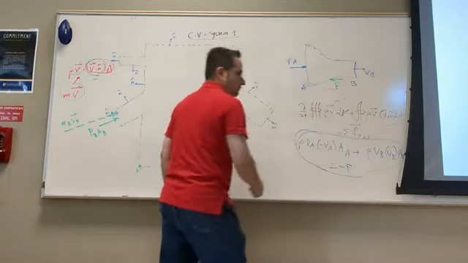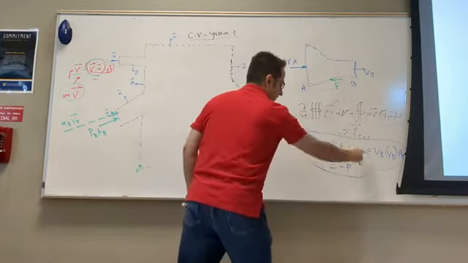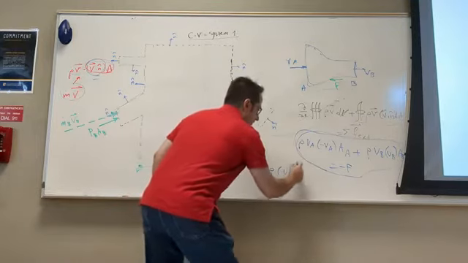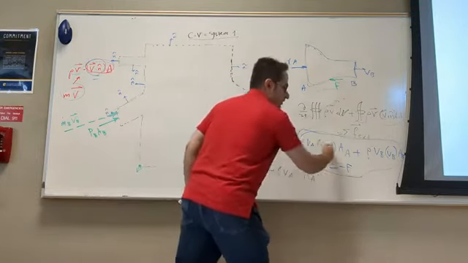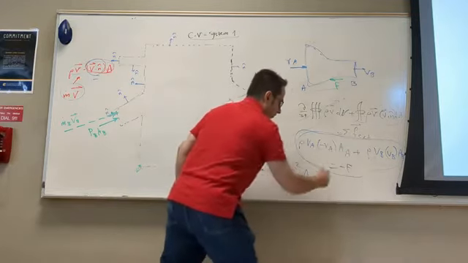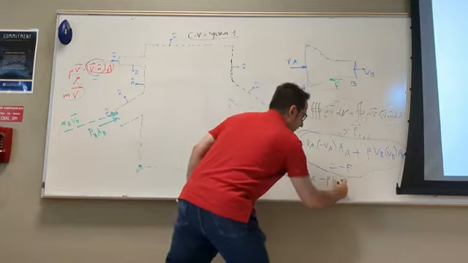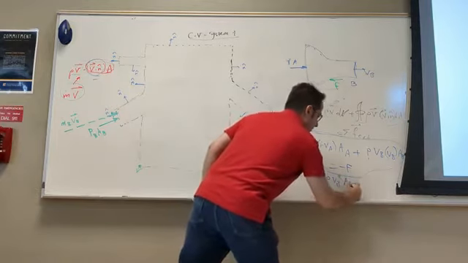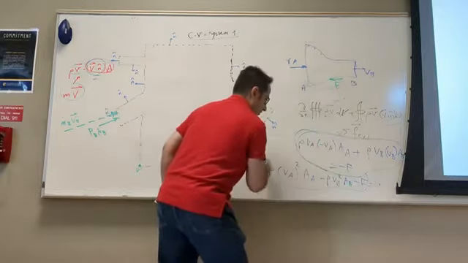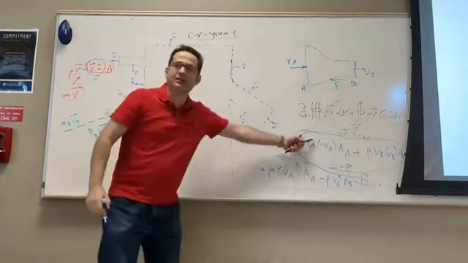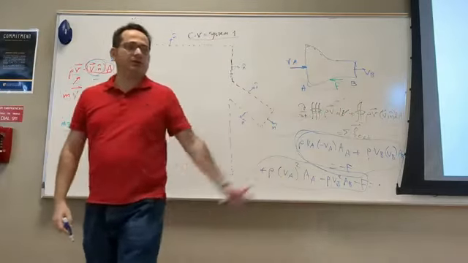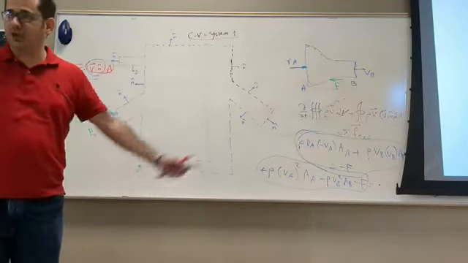If I bring everything to one side, take this to the right, you get rho VA squared AA. Take this to the right, so negative becomes positive. Negative rho VB squared AB minus F is equal to 0. We agree with that? That's exactly the same equation that comes from the triple integral, the double integral. Do we agree with that?